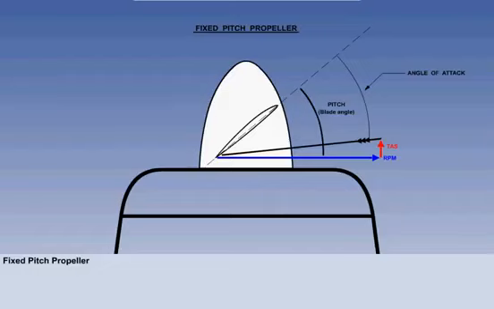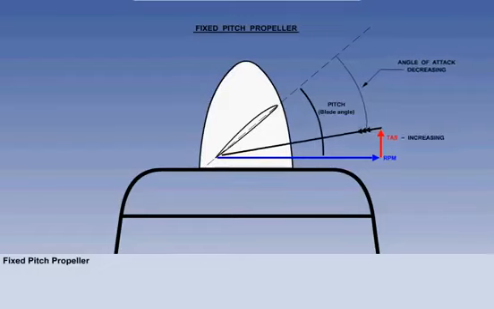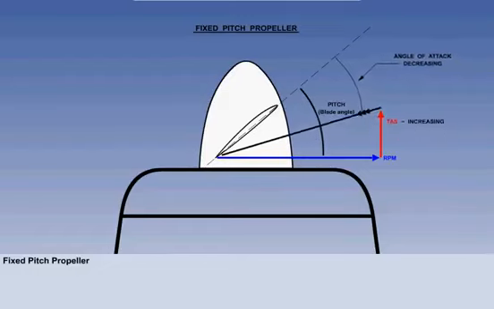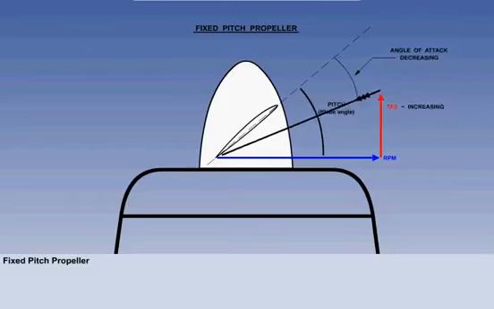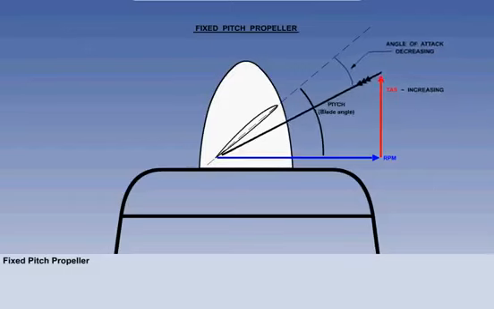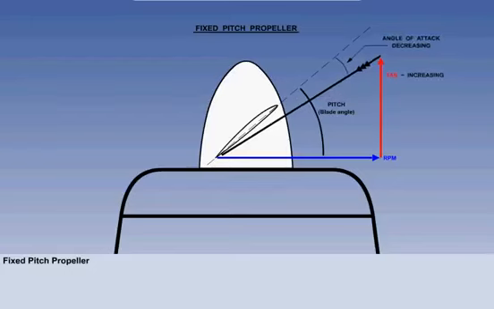We'll now see what happens as speed is increased to the cruise speed. Watch. The angle of attack decreases as the true airspeed increases. Now the angle of attack is optimum for maximum efficiency in the cruise.